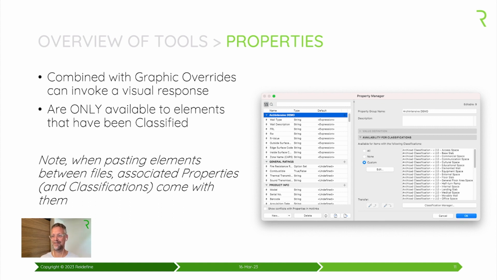So that, the fire rating that you have in the wall can be used as criteria inside a graphic override that looks at that particular value and says, oh, I exist. I'm going to change the color because that's what the graphic override tells me to do.